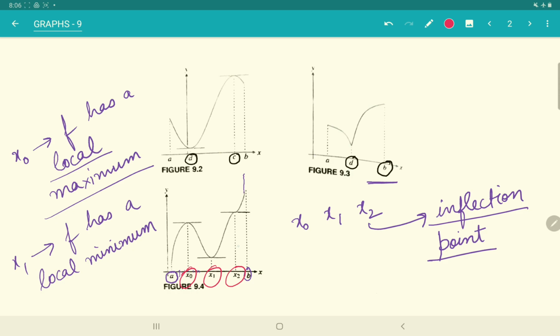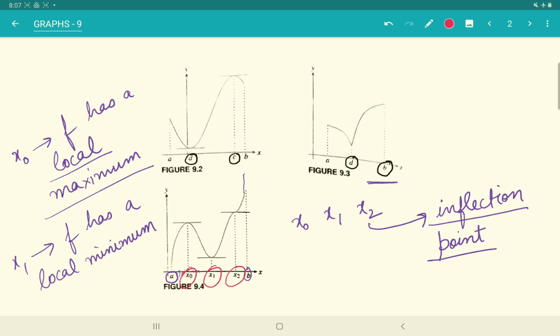When I say x0 is a local maximum point, that just means that the value of the function at x0 is more than at all neighboring points.